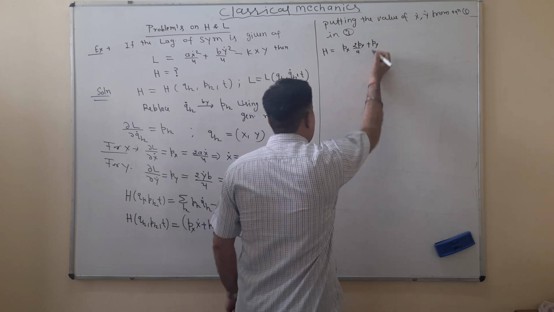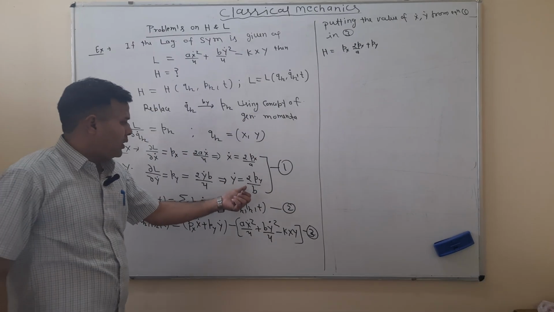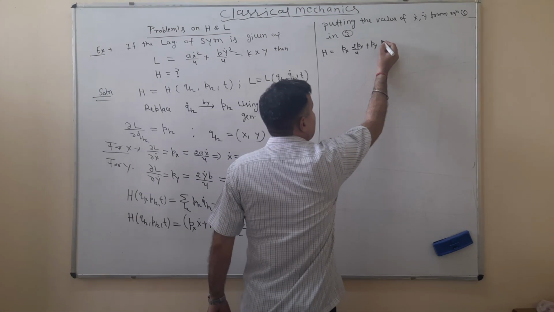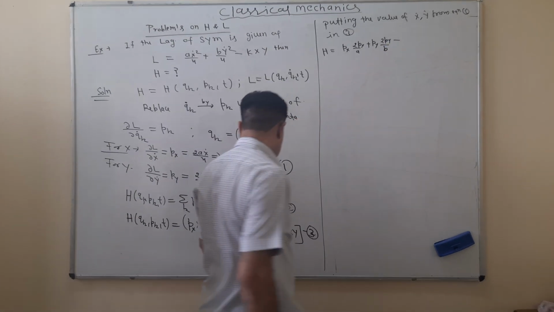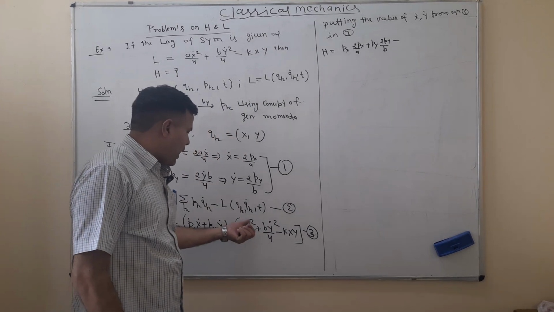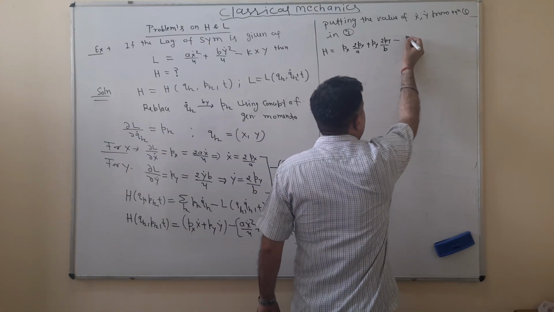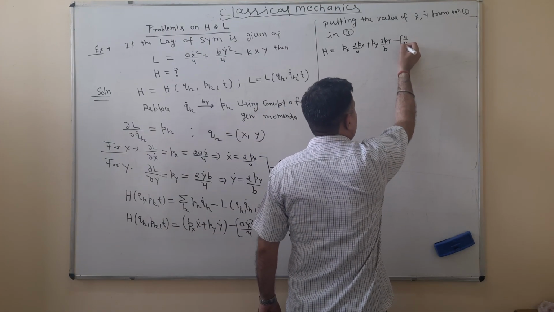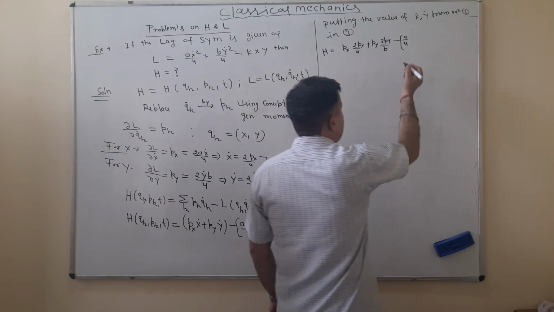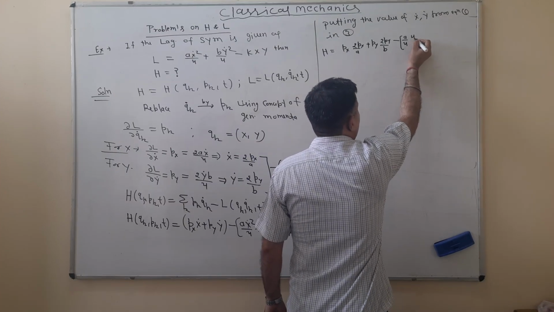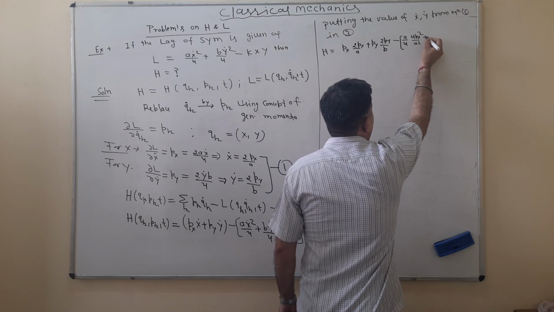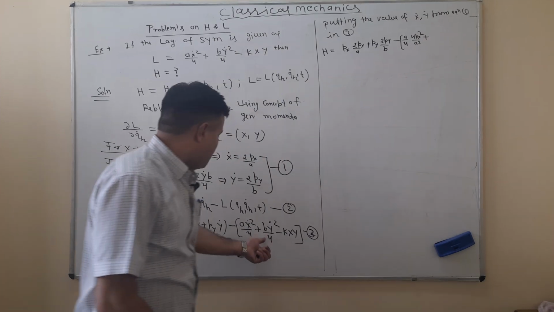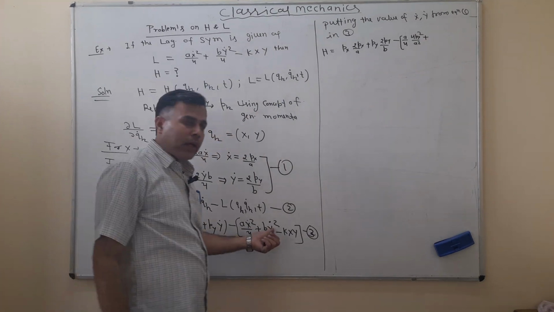Similarly, Py y dot. So y dot is 2py by b, minus a by 4 x dot square. A by 4 x dot square means 4 px square by a square, plus b by 4 y dot square.